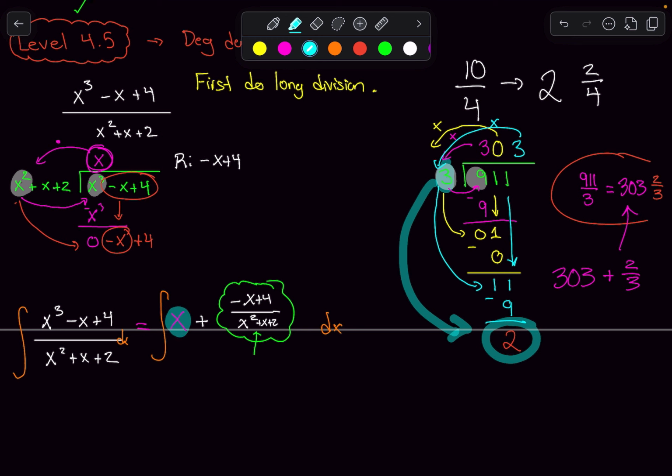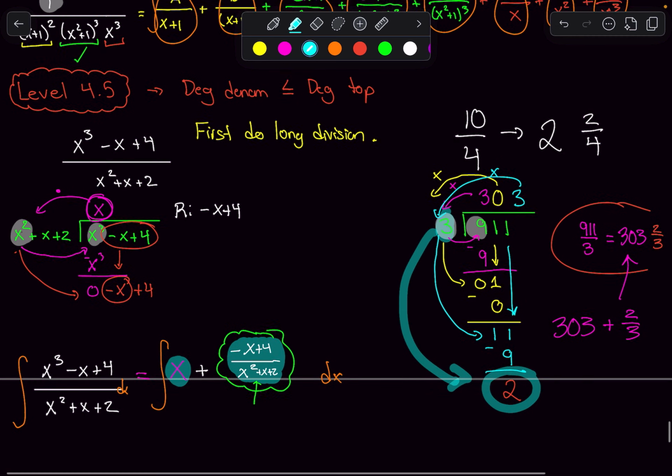The antiderivative of x is just x squared over 2. Now I just need to deal with how to integrate the remainder portion. And you can use any technique that you've learned in the class so far. Typically, partial fractions tends to still be what you need, depending on how difficult or easy the problem is. But yeah, that's it. That's as crazy as this gets.